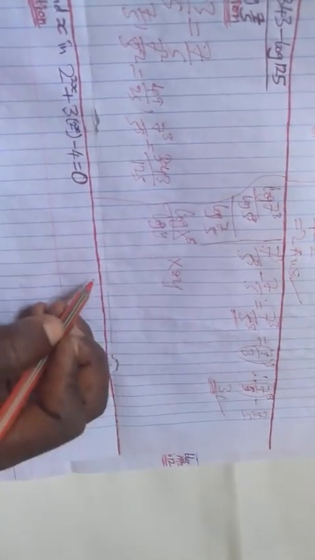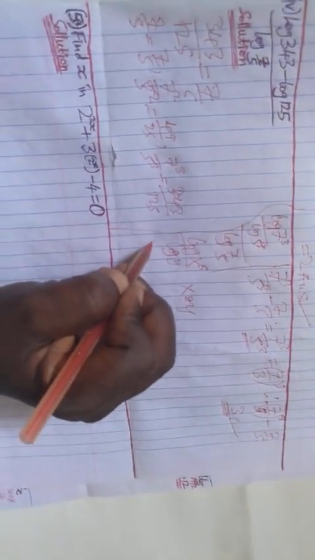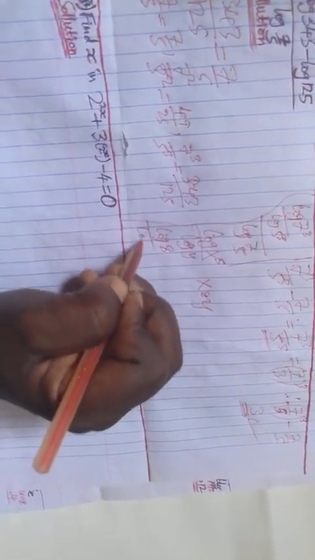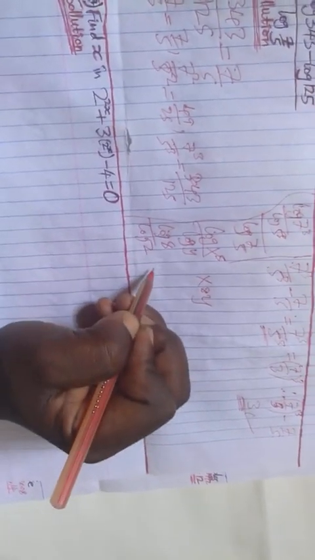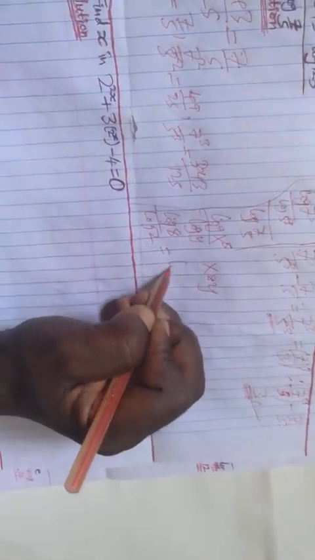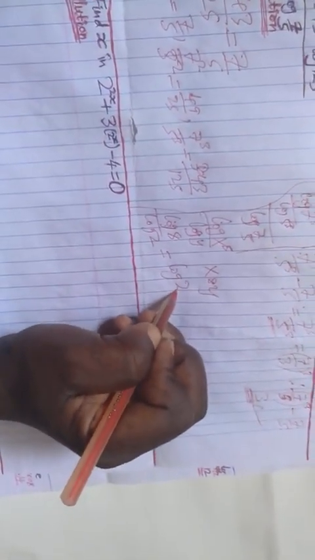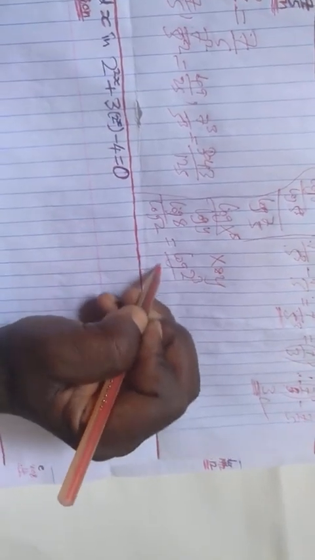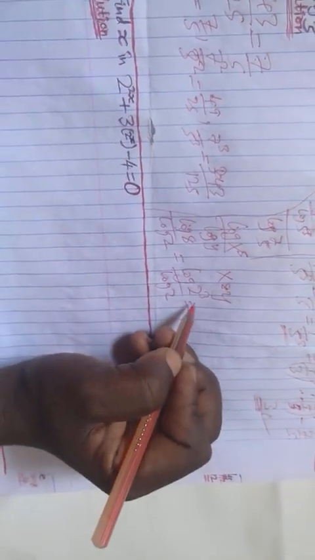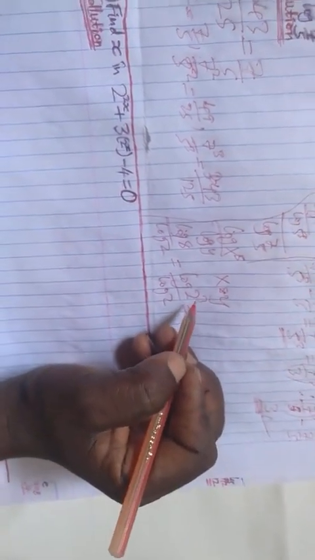For example, log 8 divided by log 2 is equivalent to log 2 power 3 over log 2. We are going to use the power rule.